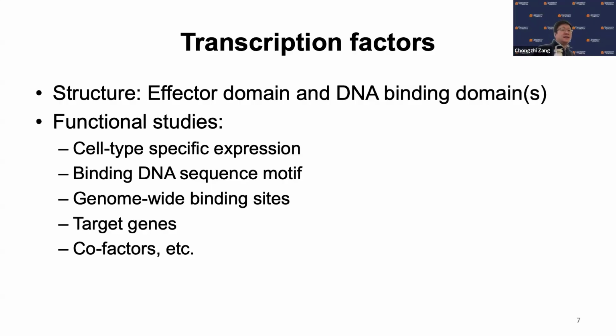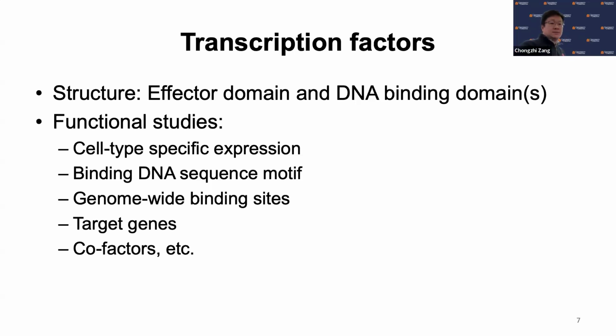The study of transcription factors involves several different topics. We want to know the expression pattern of a transcription factor: in which cell type is this transcription factor expressed, and whether its expression is cell type specific.